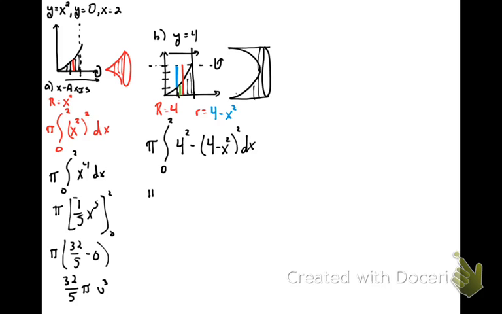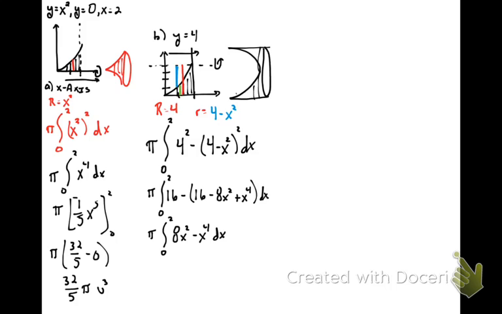If I clean this up a bit, this will be the integral from 0 to 2 of 16 minus 16 minus 8x squared plus x to the 4th dx. And that cleans up pretty nice to simply be the integral from 0 to 2 of 8x squared minus x to the 4th dx.